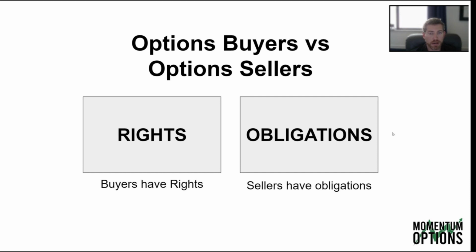That person that bought the contract from you has the right to buy your shares at 500. Great deal for them, not so great for you as the seller. So just keep in mind that the sellers are obligated to fulfill the terms of the contract, whereas the buyer has the right to either fill the contract or not. It's totally at the buyer's discretion.